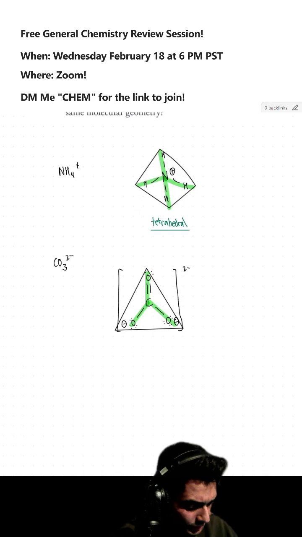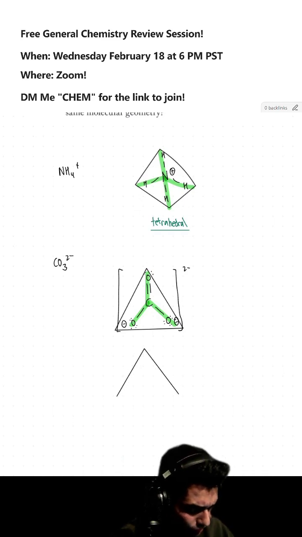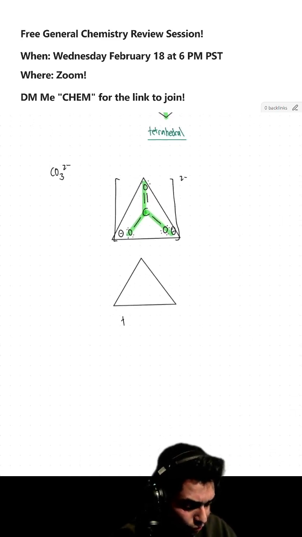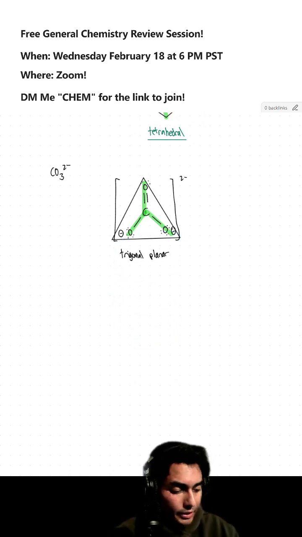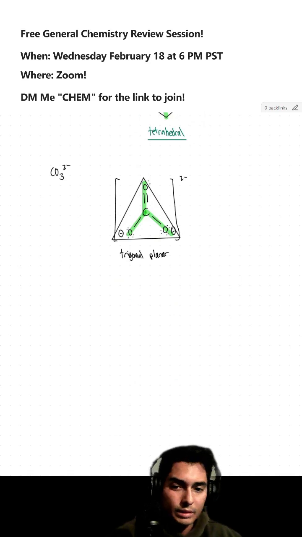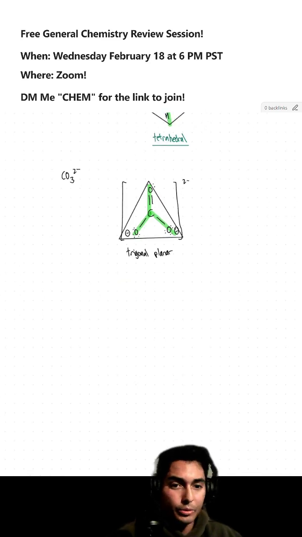To me, that looks like a triangle. So the name of the shape is going to be called trigonal planar. It's a flat triangle. I'm going to erase this one and put that right over here. That's going to be called trigonal planar. All right, so that's going to be my CO3 2-.